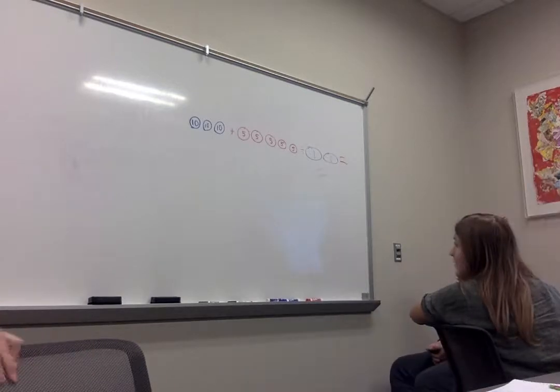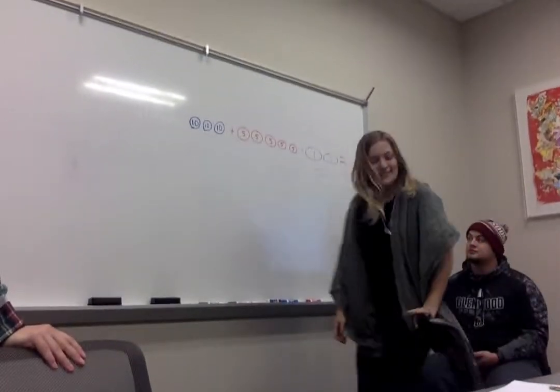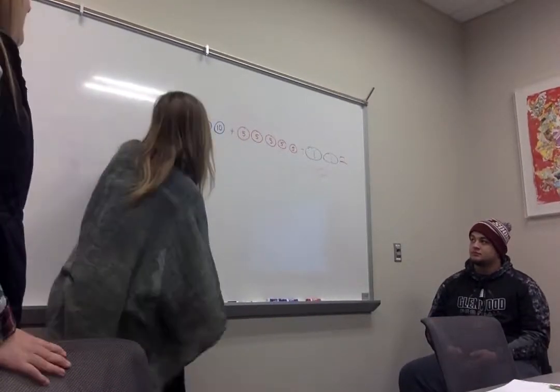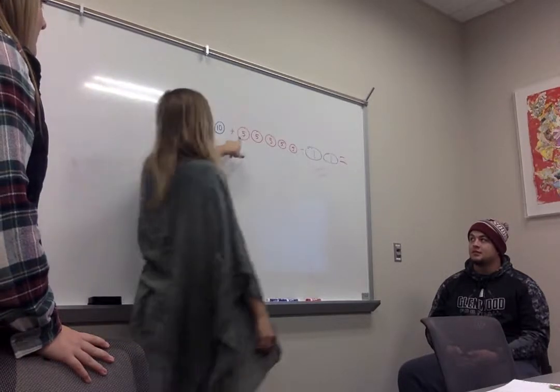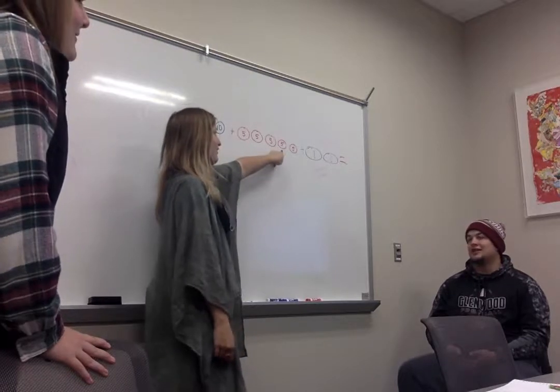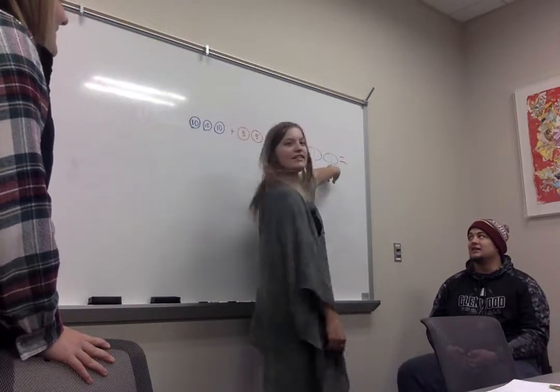Okay, Sam, do you want to go up there and help the class count? So when she points to it, follow along. Ready? 10, 20, 30, 35, 40, 45, 50, 55, 56, 57.